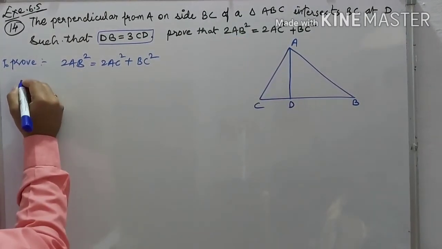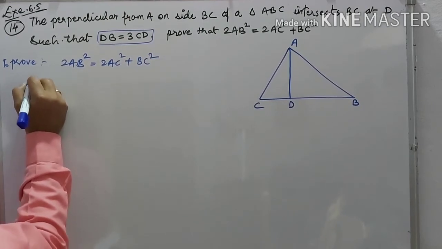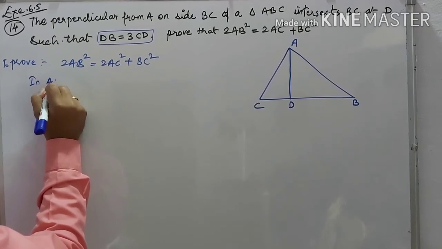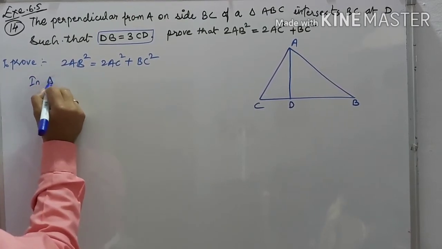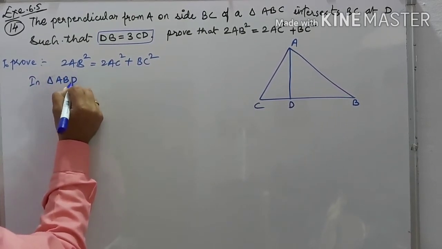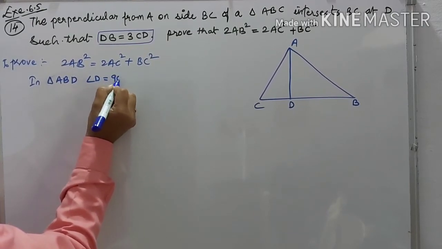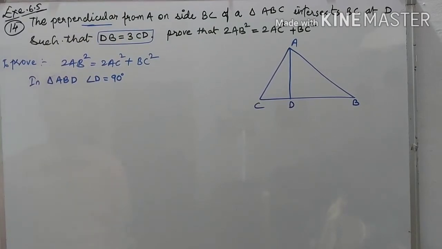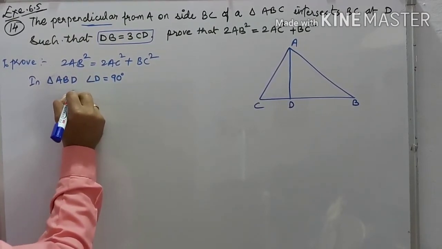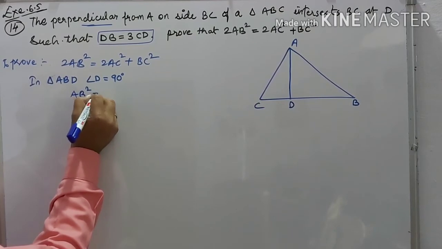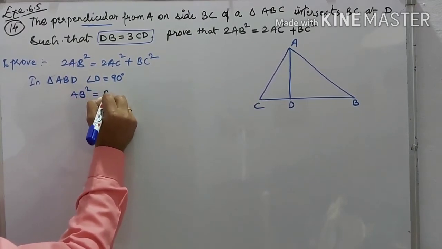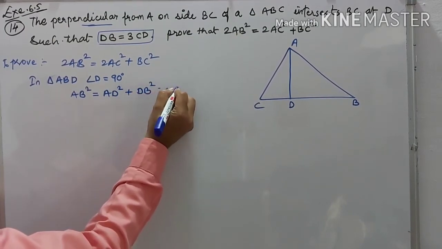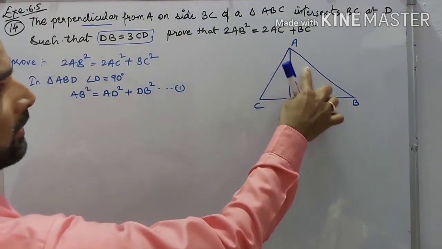So first, in triangle ABD, angle D is equal to 90 because it is the perpendicular. Now you write AB square is equal to AD square plus DB square, equation 1.